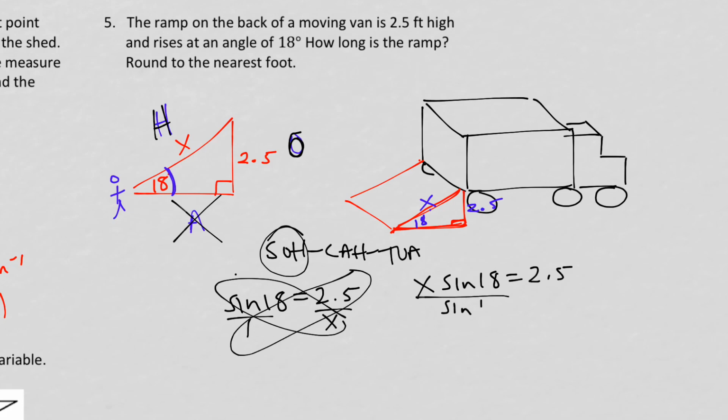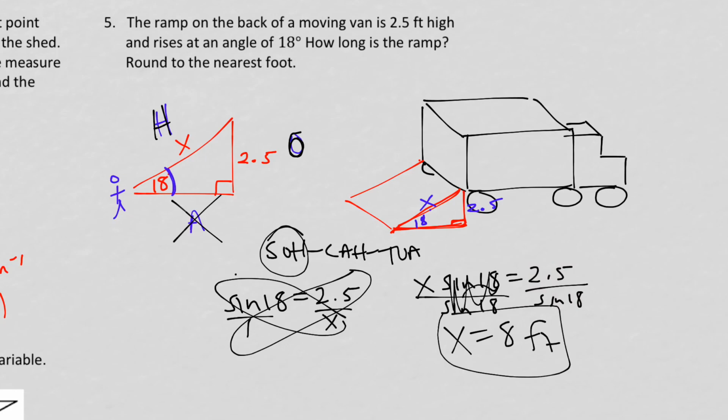I can then divide sine of 18 to both sides. And on a calculator, 2.5 divided by sine of 18 is 8 feet. So I can find that the length of this ramp is 8 feet long.